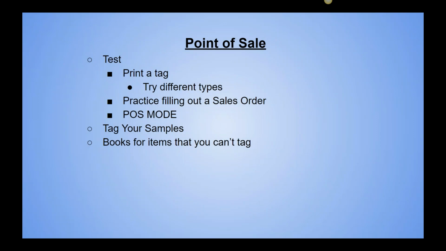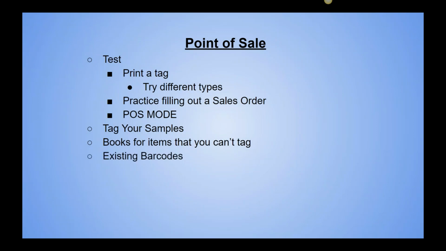So you can just flip through the book, find the one that you want, hit the barcode, and for those kinds of products, that's how you're going to have to do it, if the actual sample label won't fit on the product itself. But I suggest as much as possible getting that label on the actual sample itself, so that you can't make a mistake on what you're actually ordering.